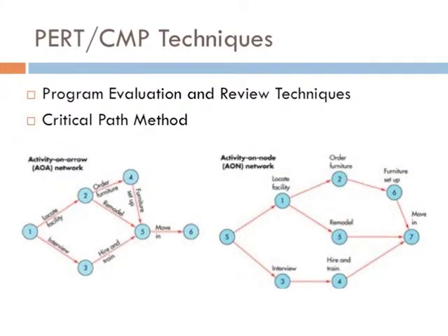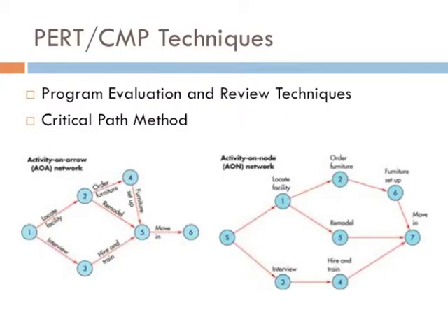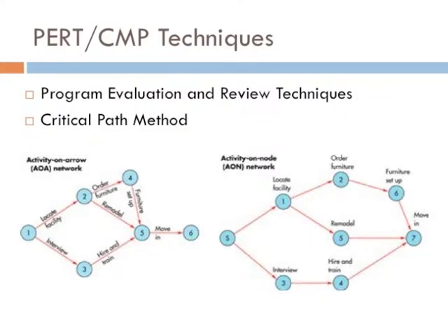PERT, or Program Evaluation and Review Technique, and CPM, or Critical Path Method, are two of the most widely used tools for scheduling and control of large-scale projects.